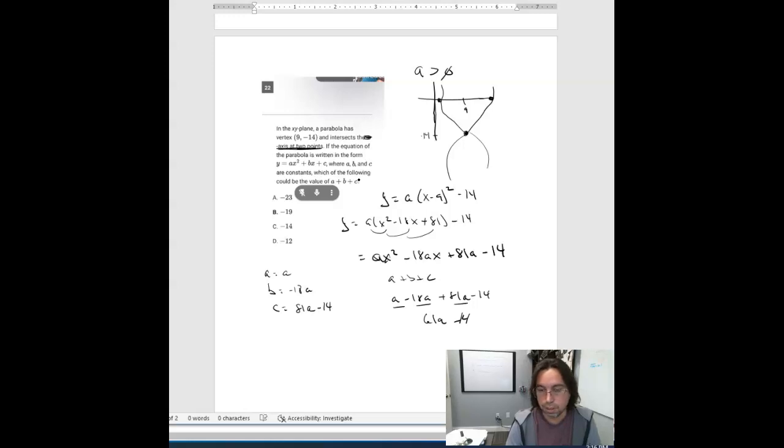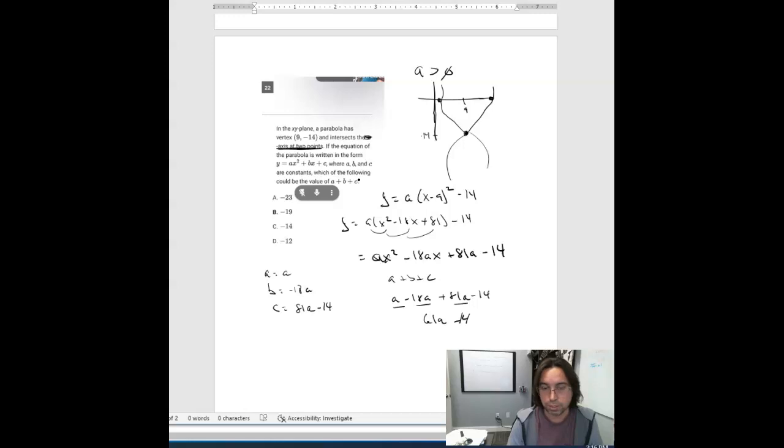It's asking which of the constants could be the value of this. Remember, a here is greater than 0, so we need something that's going to yield a positive a term.